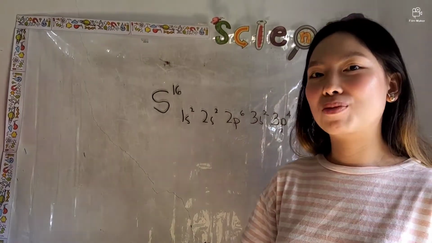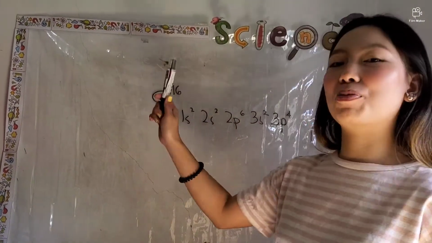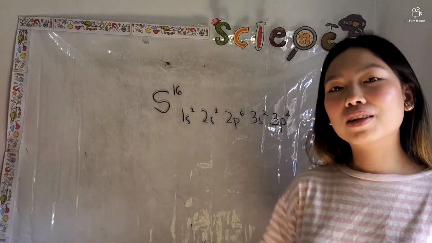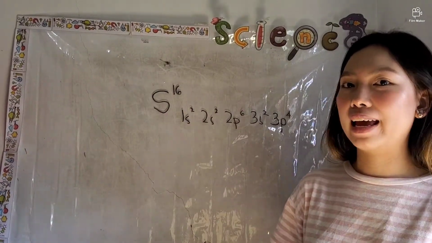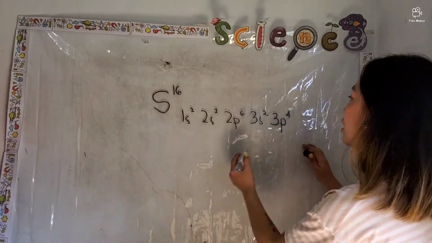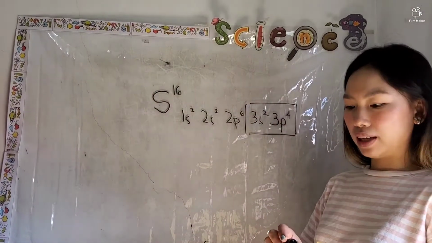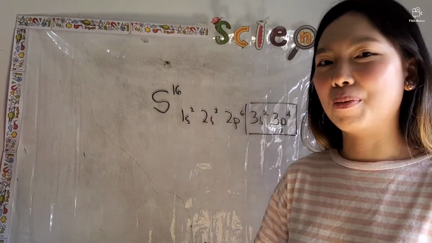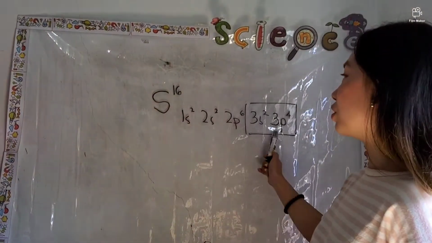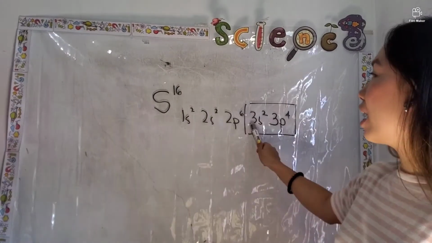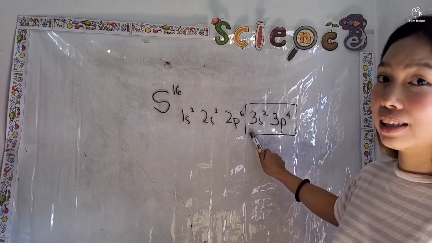So, para malocate mo ang pwesto ni sulfur sa periodic table, gagamitin mo yung pinakahuling electron configuration, which is this one. Kailangan ba laging dalawa? Hindi naman. Kaya lang dalawang kinuha ko dahil parehas silang nasa energy level 3.